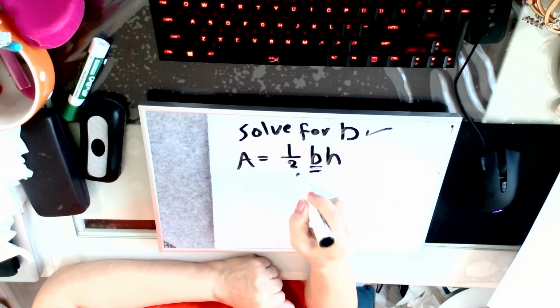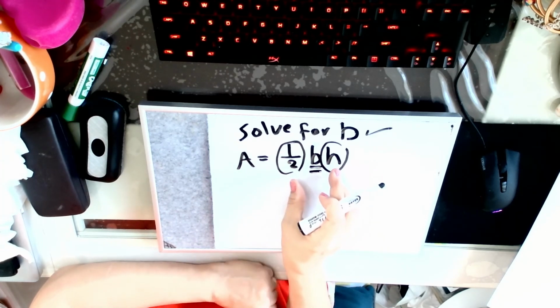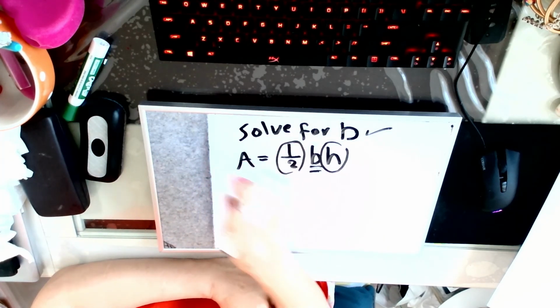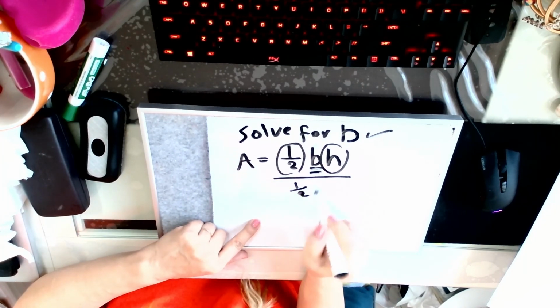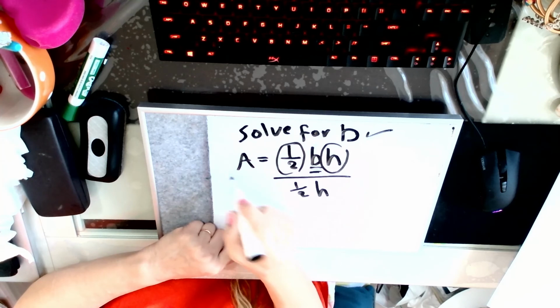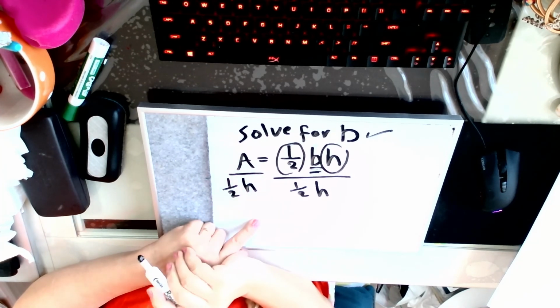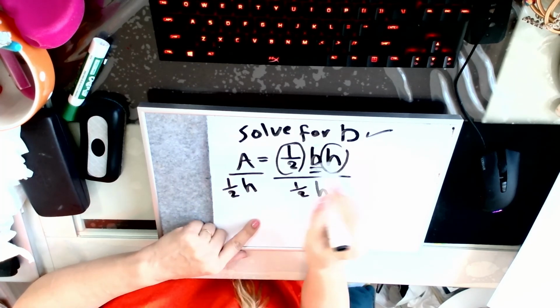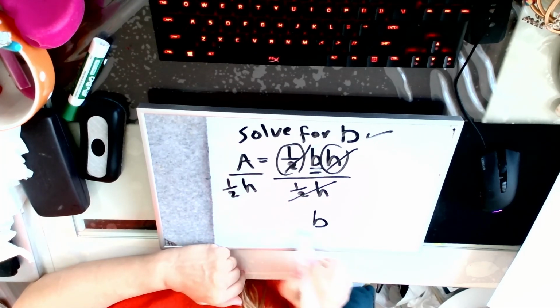Did you see that half H? We need to transfer it to this side. So we're going to divide each side by half H. Half H divided by half H. So this half H with this half H will go. So it's going to be only B here.